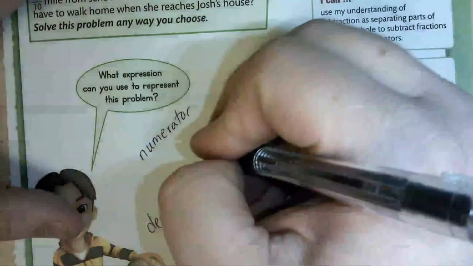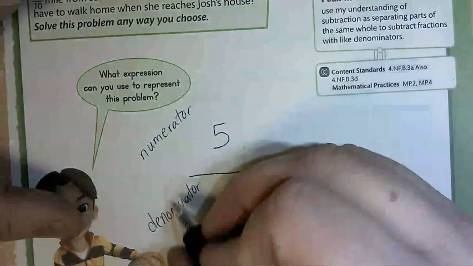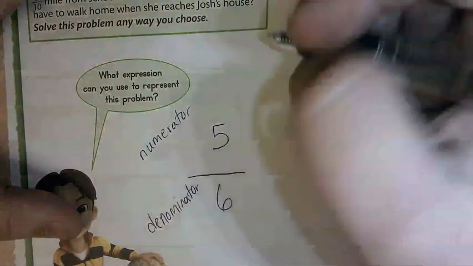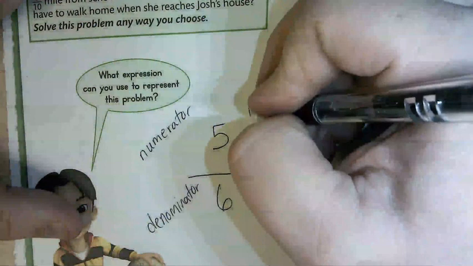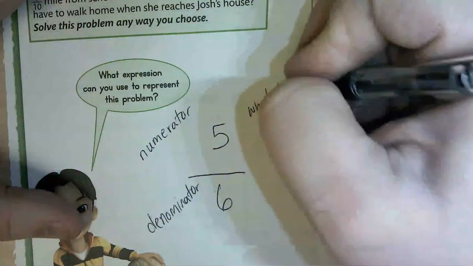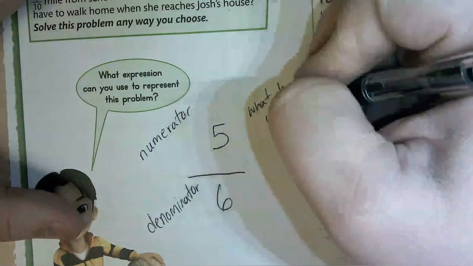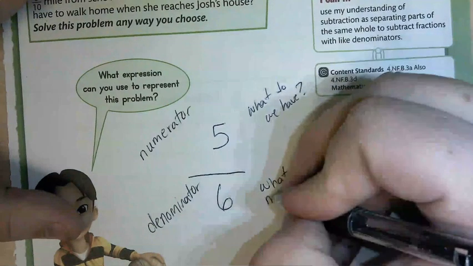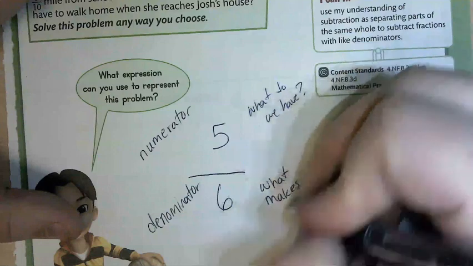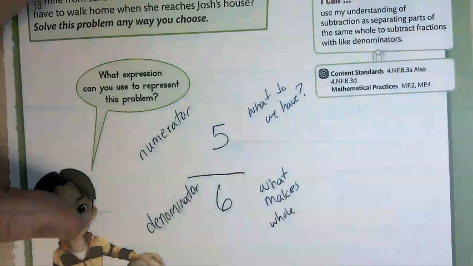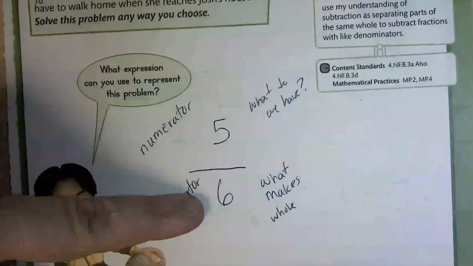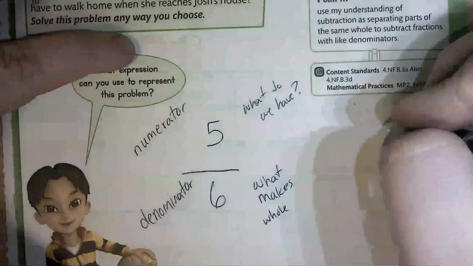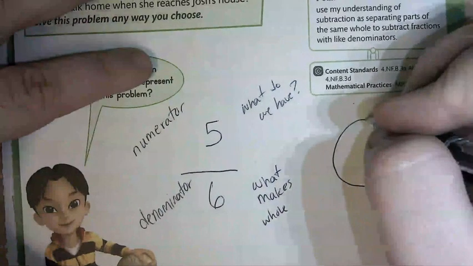So if I have 5, and then our denominator is down below, if I have 6, our top part is how many do we have, and the denominator is what makes a whole. So the whole thing is going to require 6, and we have 5.